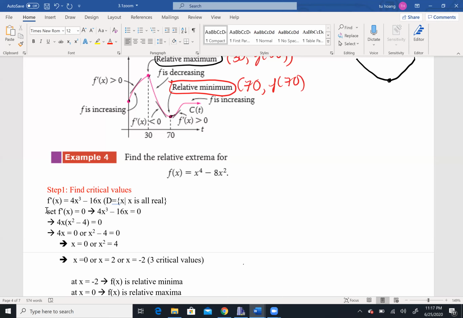The right-hand side still equals 0. So in this case, I will apply the zero factor property, letting either x equals 0 or the factor x squared minus 4 equals 0.